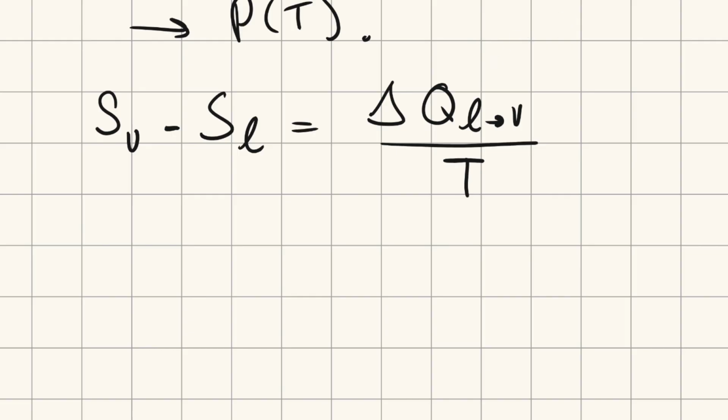Of course, experimentally, it is important to mention that the amount of liquid that we have is going to be important to determine the quantity of heat that we need.